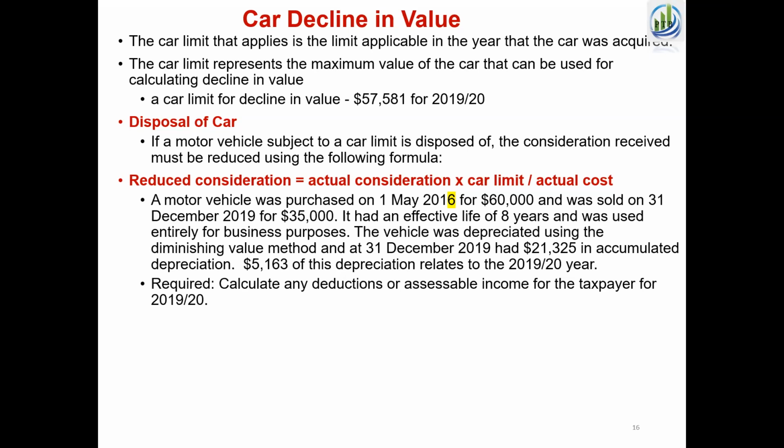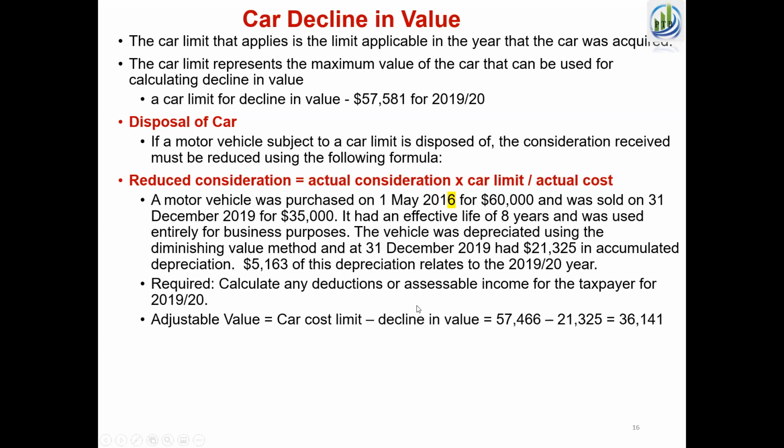Total depreciation $21,325. So the car limit will be different for 1st of May 2006 compared with 2019-20. When we do this one, we want to go back. What is the year they purchased the car? At that time, what's the car limit? If you go to the ATO, the car limit for that particular period, 2015-16 financial year, your car limit will be $57,466.